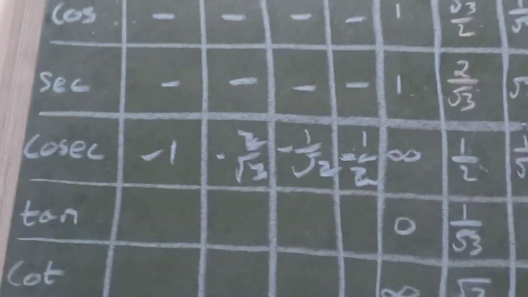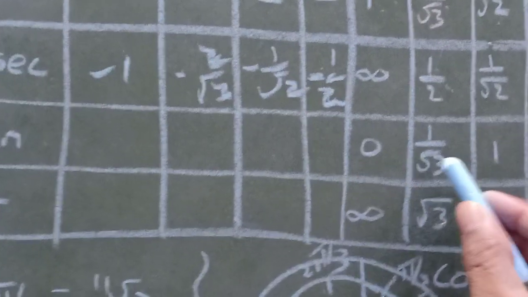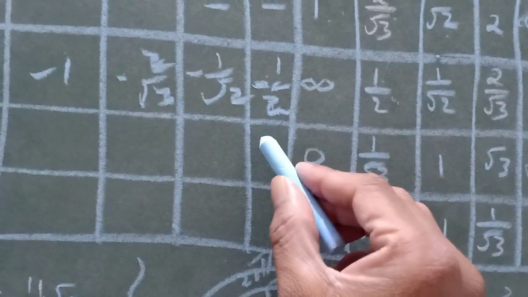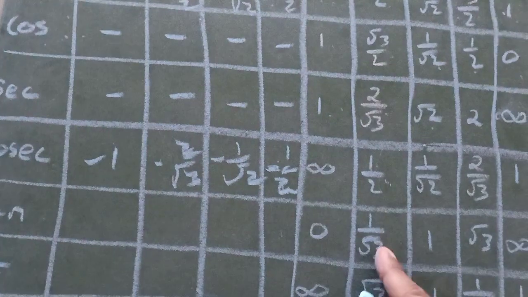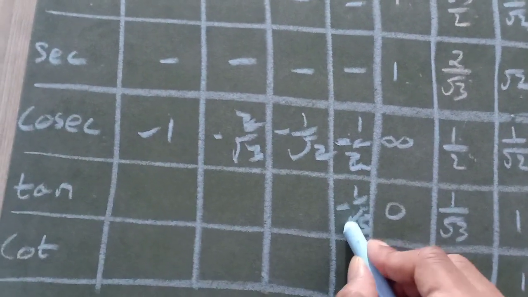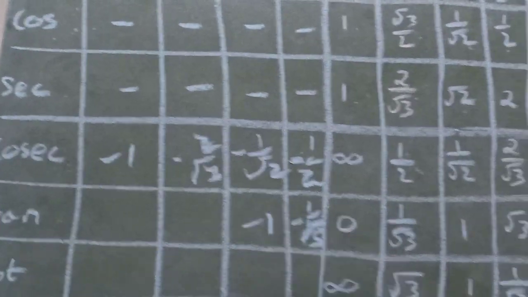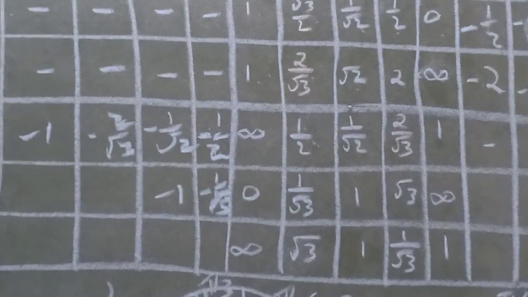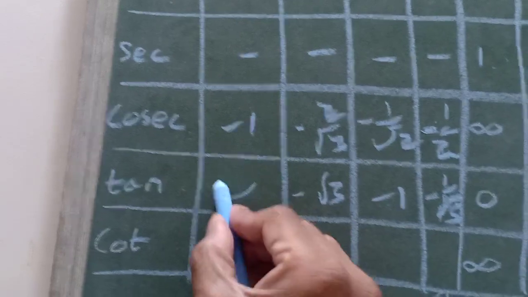Okay, now in the same way, tan is defined in which quadrants? First and fourth. So in the fourth quadrant the tan function is negative, so you have to write these values here with a negative sign. Tan pi by 6 is 1 by root 3, so tan of minus pi by 6 will be minus 1 by root 3. Tan of minus pi by 4 will be minus 1, tan of minus pi by 3 will be minus root 3, because in the fourth quadrant the tan function is negative, and tan of minus pi by 2 is undefined.